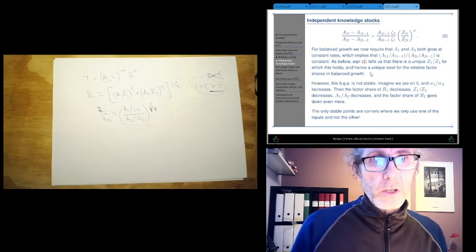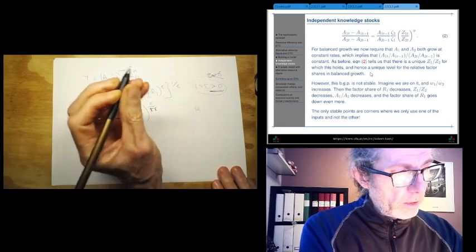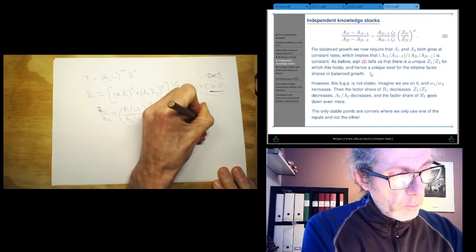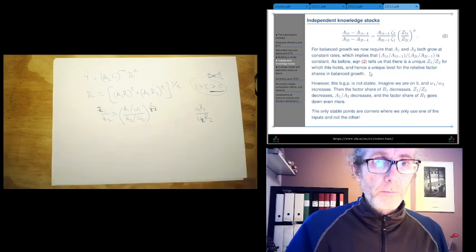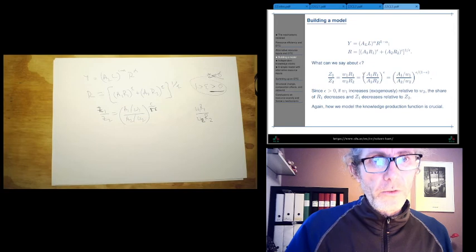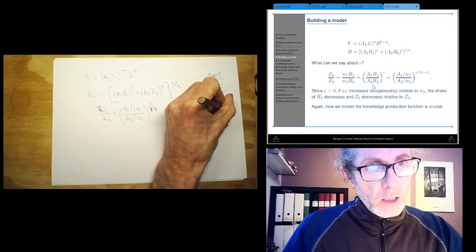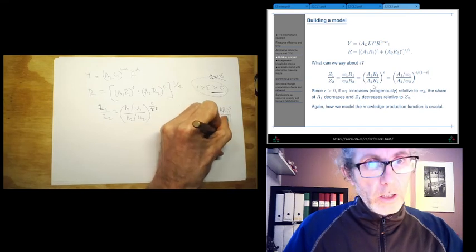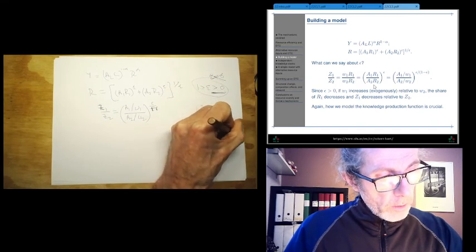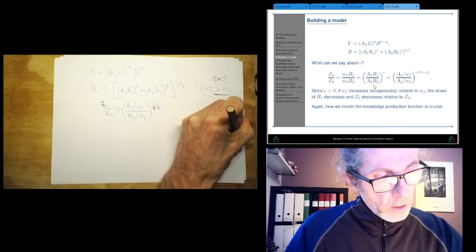And that means there's a unique level for the relative factor shares that gives balance. Remember, the factor shares are W1 R1 over W2 R2, which are also equal to A1 R1 over A2 R2 to the epsilon, and they're also equal to A1 over W1 divided by A2 over W2 to the epsilon over 1 minus epsilon.